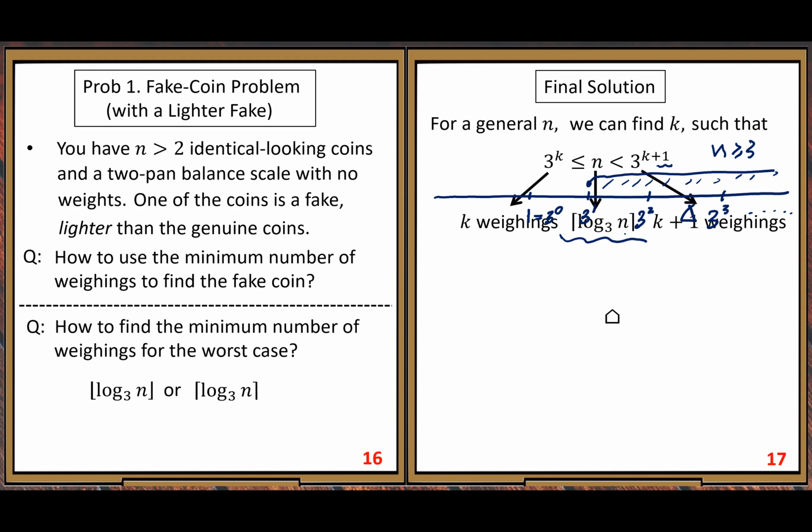So here you can see we need to do a lot of logic reasoning. Try to get used to it.